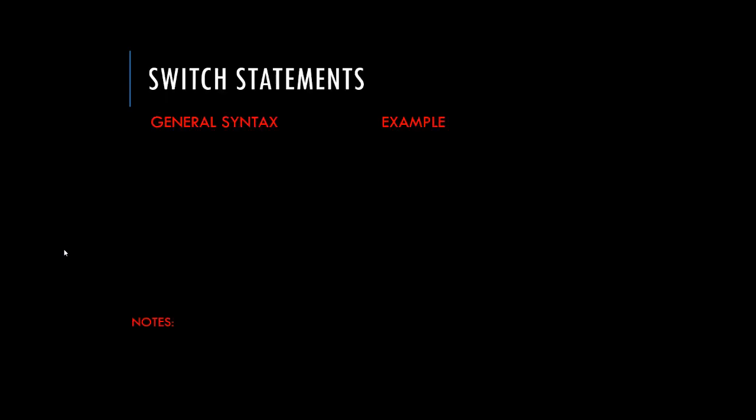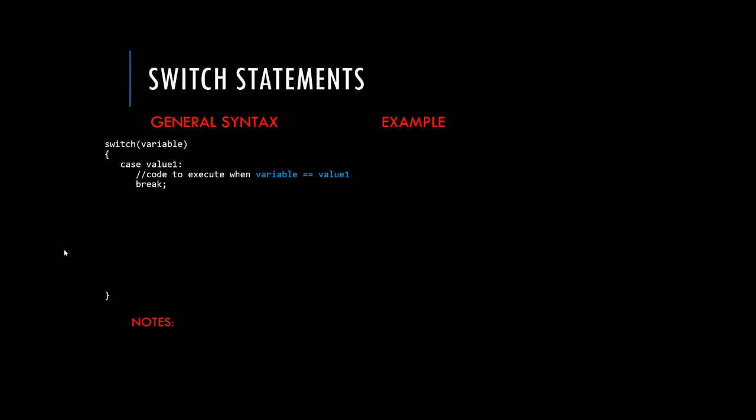So the general syntax for a switch statement, we have the word switch at the top, and then inside the brackets, we'll have a variable. Inside our blocks of code, we have all the possible cases. So the case for the first value, and if that value is the result of the variable, then the code will execute this block.